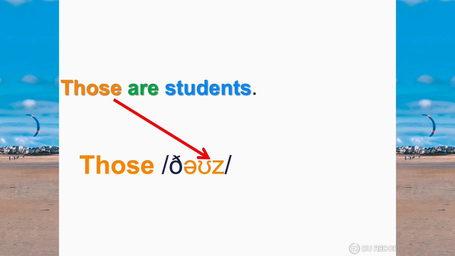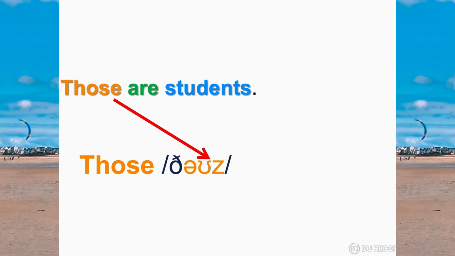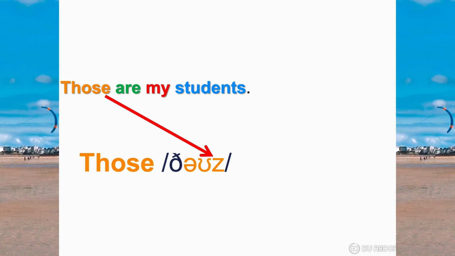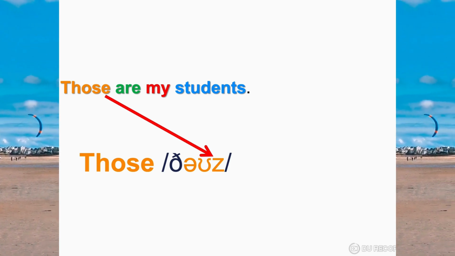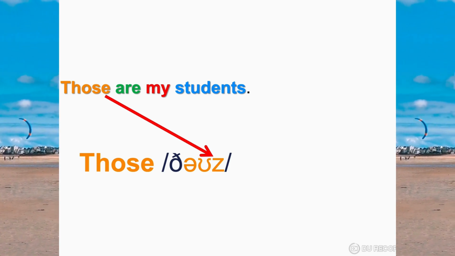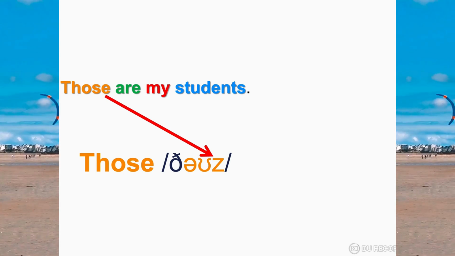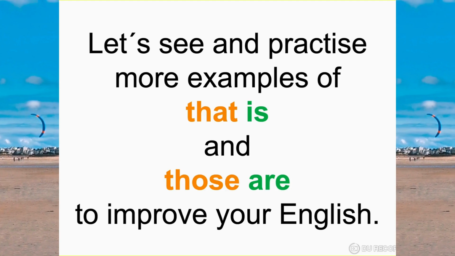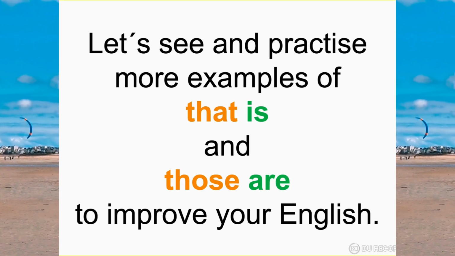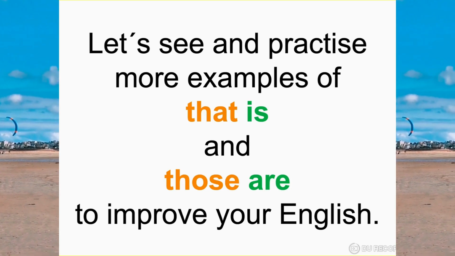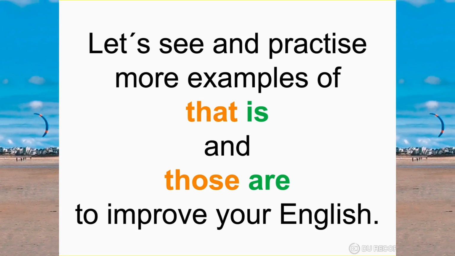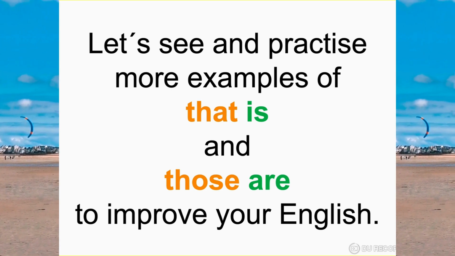Those are students. Those are my students. So these students or my students, they are far from me. Let's continue. Let's see and practice more examples of that is, that's, and those are to improve your English.